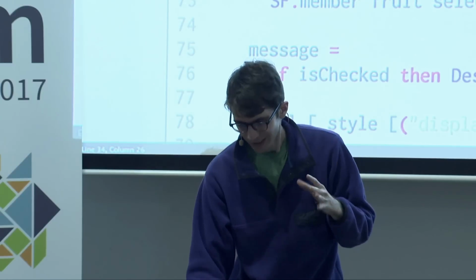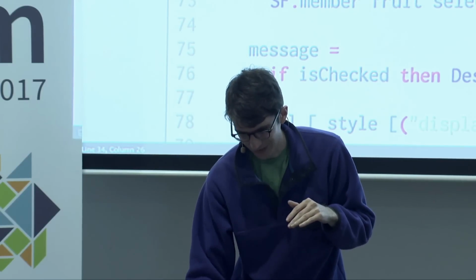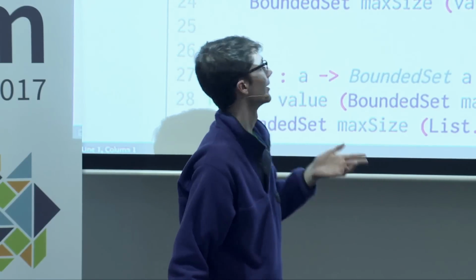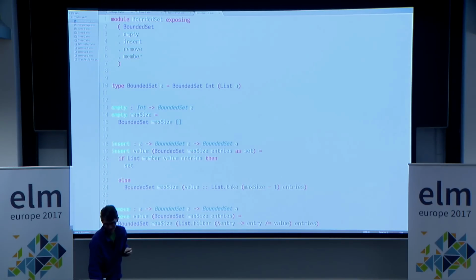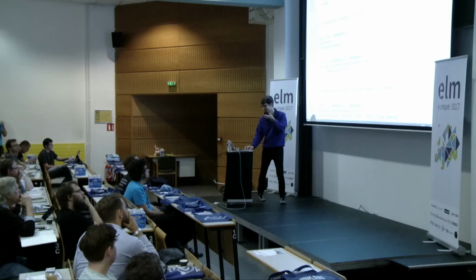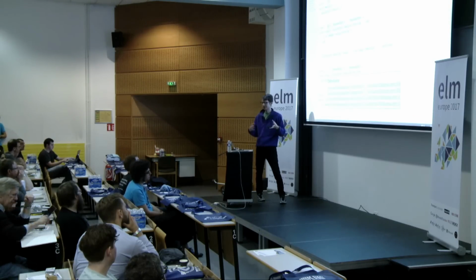So you can go one level crazier with this, which we shouldn't get into, but you can. The idea was you could generalize it so that it's a list of anything, not of strings or particular fruits. And then everything works the same, right? You choose the size, you can insert things into it, you can remove things from it, you can check membership.